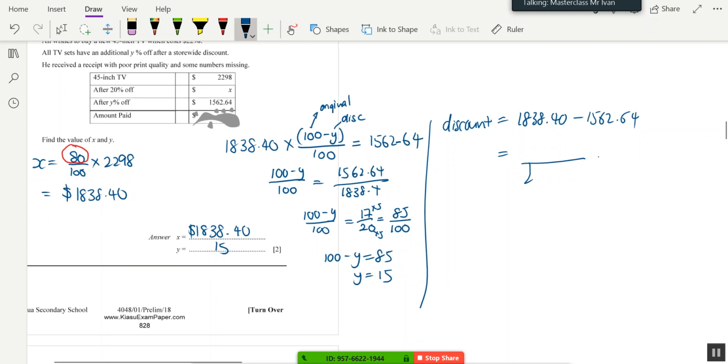So this guy is 275.76. So this is the discount. Then you use 275.76 over which one? 1838 or 1562? 1838. Yes, must always be the base. Yeah.